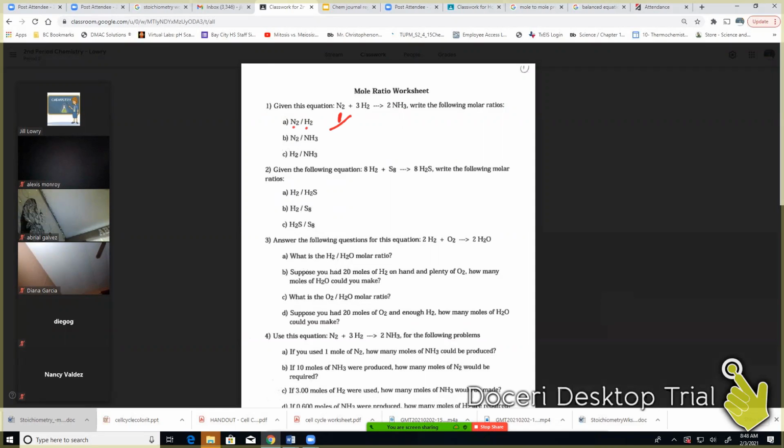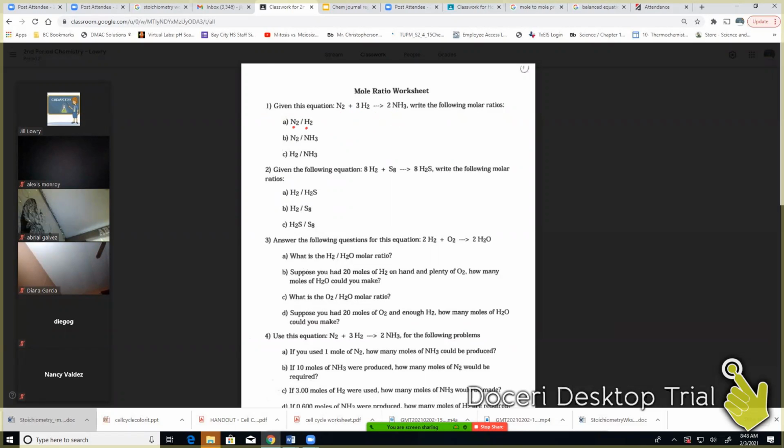And then I put a line and I write the coefficient for hydrogen, and I would put a 3. That's not a fraction. That's supposed to be a ratio. You can also write it as 1 with a little colon and 3. It's just simply the coefficients. And what that tells me is that for every 1 mole of nitrogen, I need 3 moles of hydrogen. I need a lot more hydrogen than I do nitrogen. That's all that ratio is telling me.